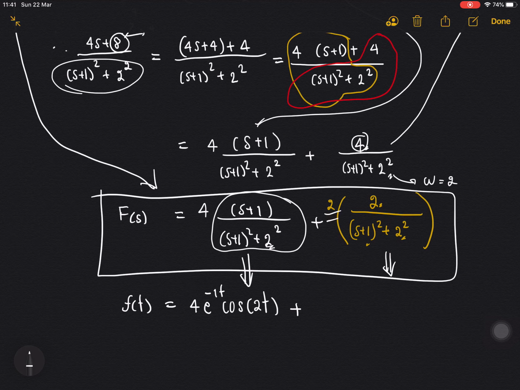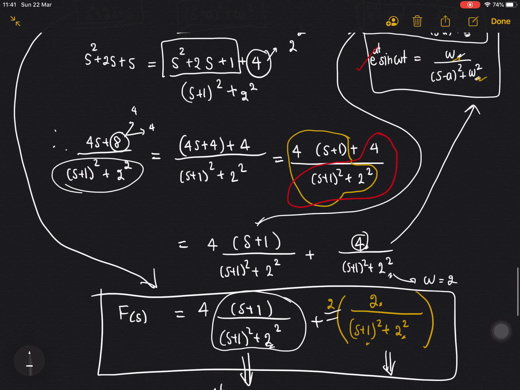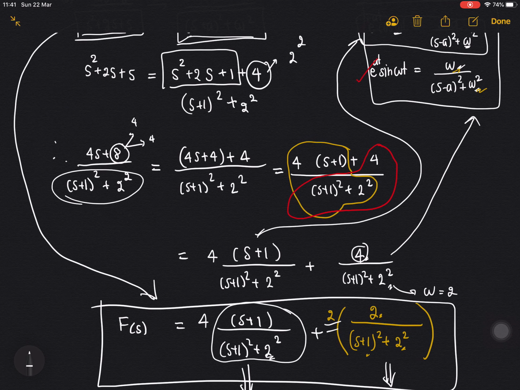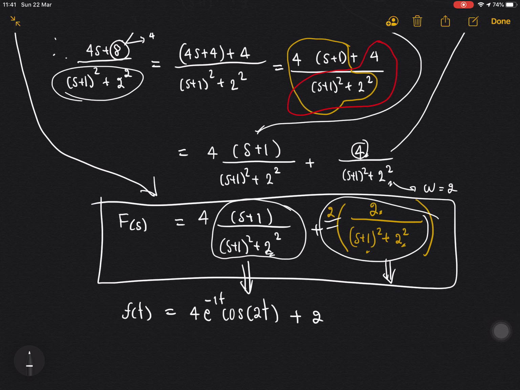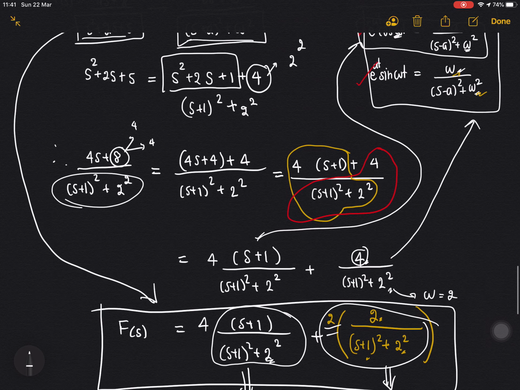And then additions with the second term. So this number 2 here remains the same. So in this case, we have already expressed the last term to be in comparison with the exponential multiplied with the sine term. So then next we can have the multiplications of the constant 2 with the exponential of minus 1t, and then we have the sine of WT left.